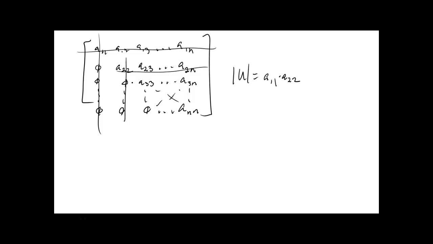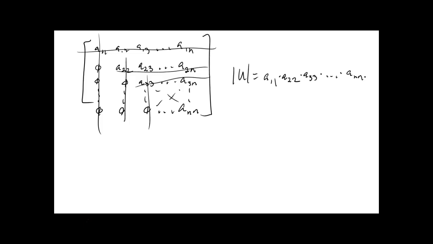So that would then be times A33. Okay, wipe out that row and that column, and you keep on going, and guess what you get? You merely get the product of your diagonal, right? Because all these others down here are zeros, and you don't get anything else except those diagonals.